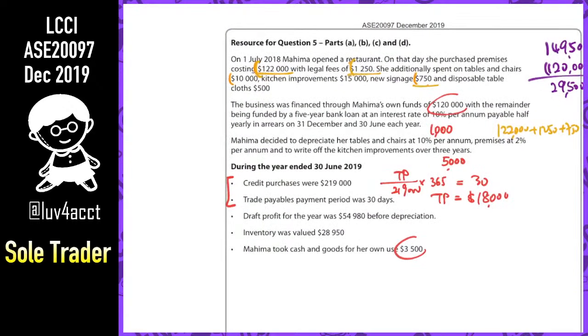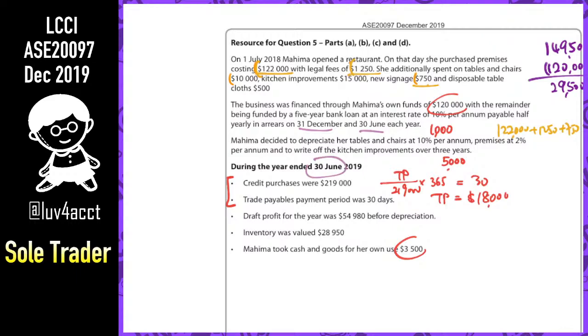We take out the bank loan on the 1st of July because we have to buy the non-current asset. The interest is paid half yearly on 31st December and 30th June, and our year end is 30th June.